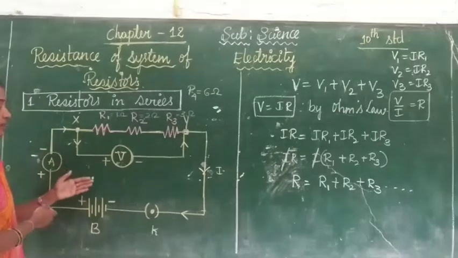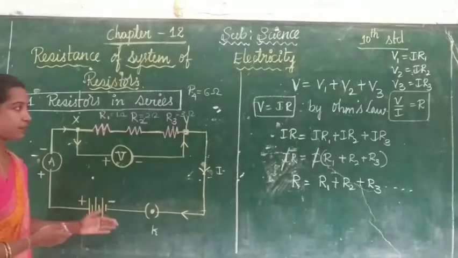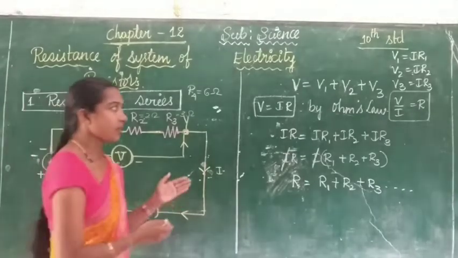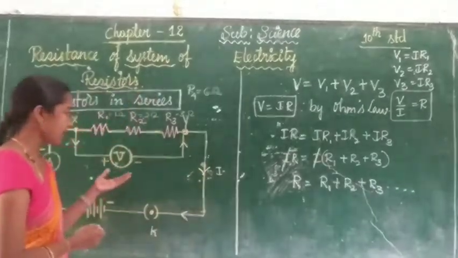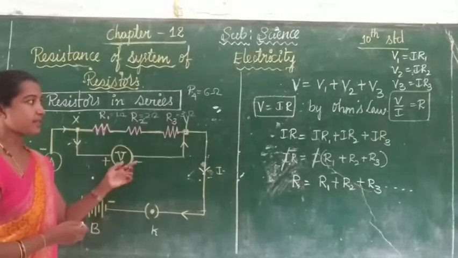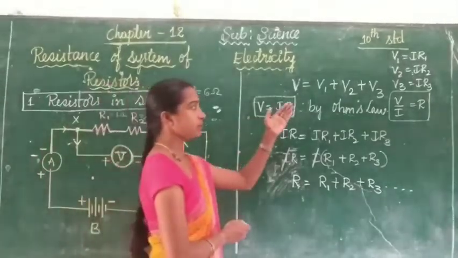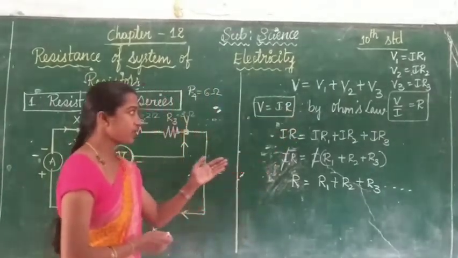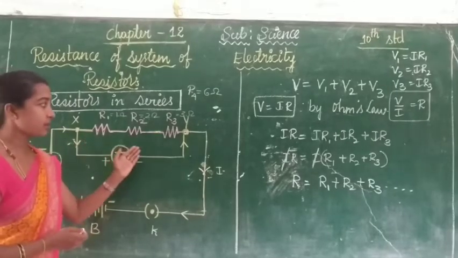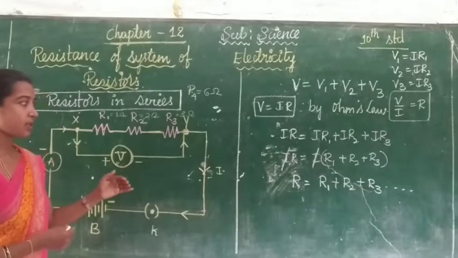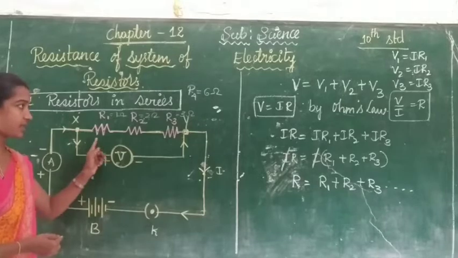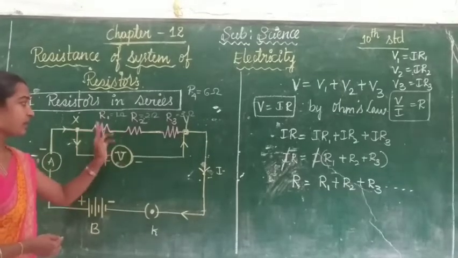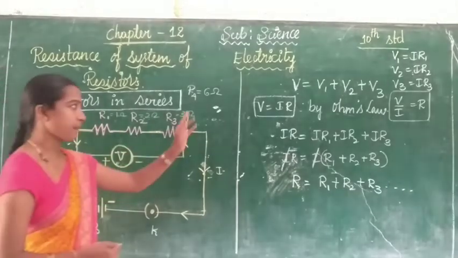Okay? And now let us see how it is possible. We know that the potential difference in the circuit is the sum of V1, V2, V3. This is because there are three resistors used in the circuit. The potential difference of each resistor is taken as V1, V2, V3.